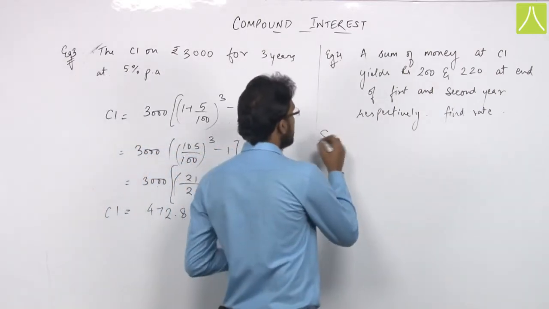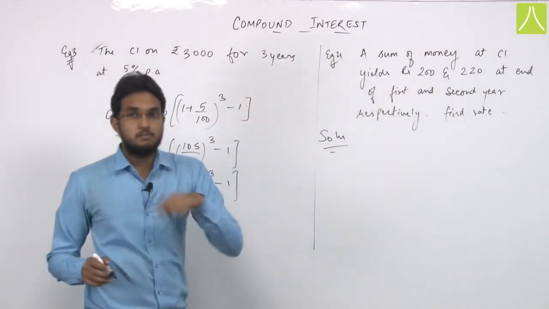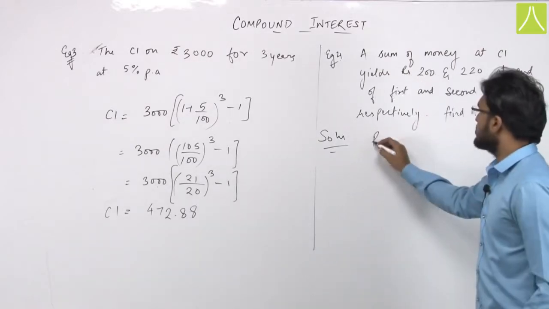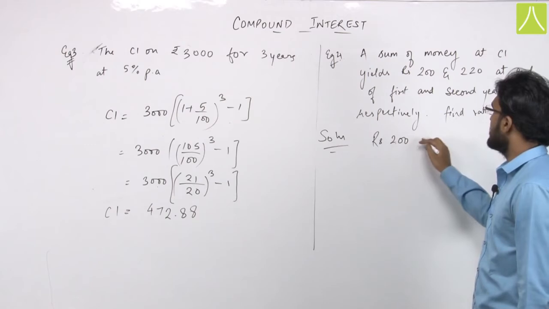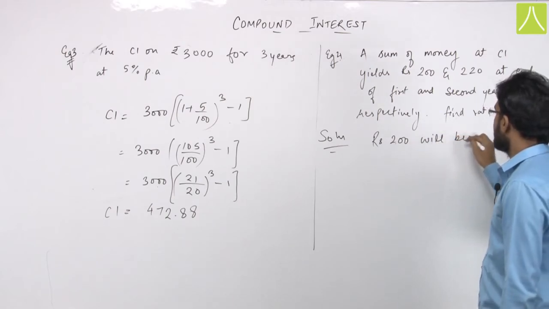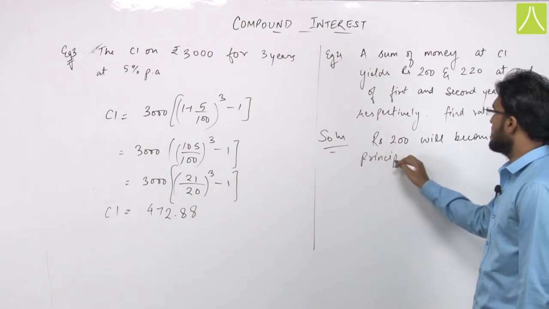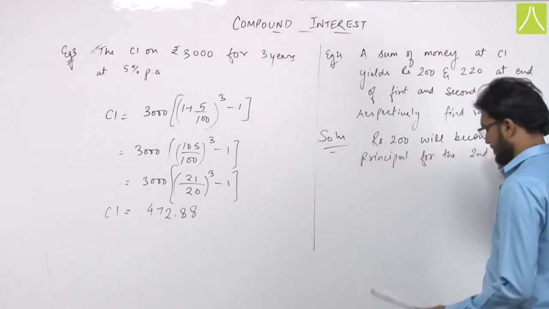I can say from here that rupees 200, the sum of money for the first year, will become the principal for the next year. So without using another method, rupees 200 will become the principal for the second year.